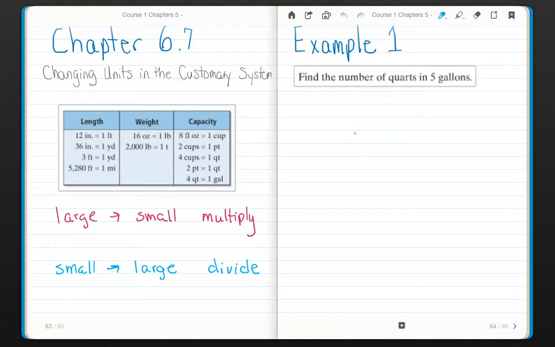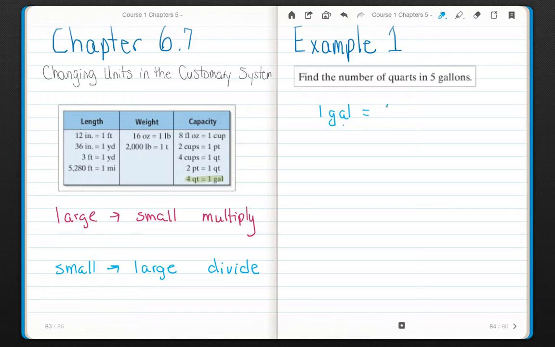So, example 1, find the number of quarts in 5 gallons. I know that 1 gallon is equal to 4 quarts over here in my chart. Feel free to refer back to this chart if you don't have it memorized.